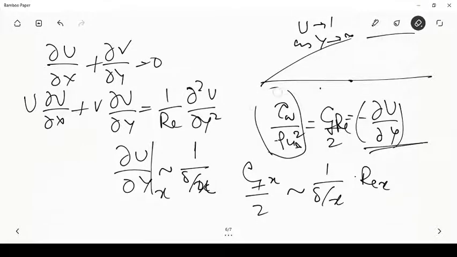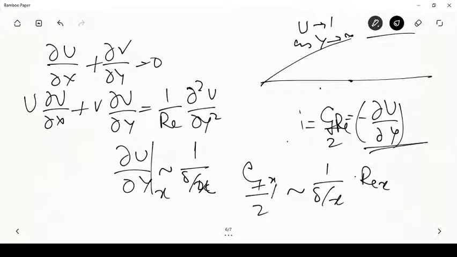Okay, so CF by 2 into Re is the minus del u by del y term that you got. So CF by 2 into Re is this, which is of the order of square root of Rex.